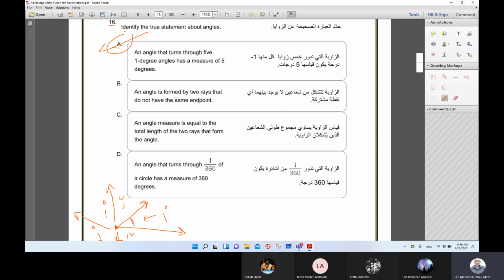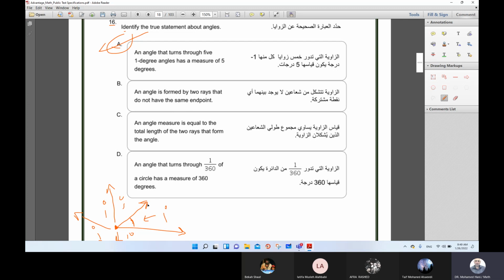An angle is formed by two rays that don't have the same endpoint. So this is an angle formed by two rays, this ray and this ray, that don't have the same endpoint.